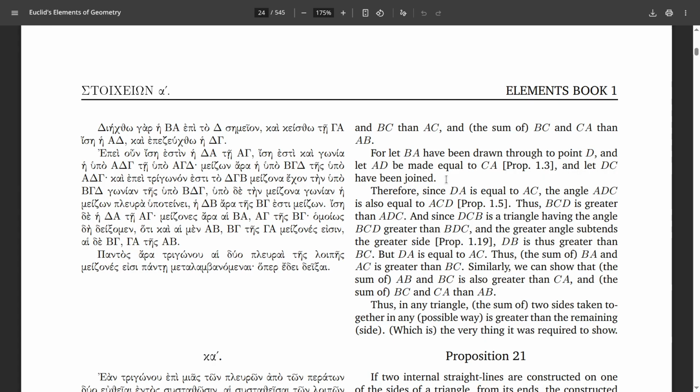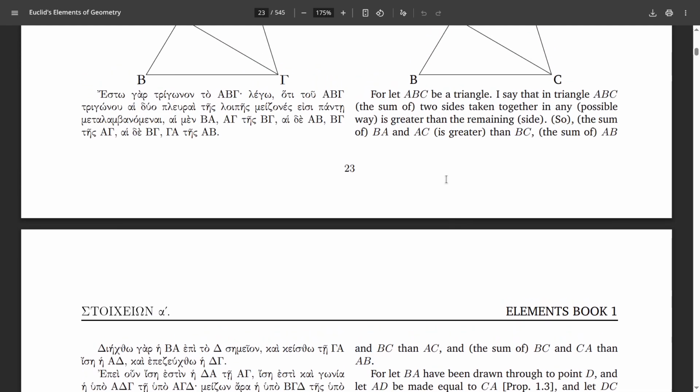The sum of BA and AC is greater than BC. BA, AC, yes, and then BC. Yes, okay.